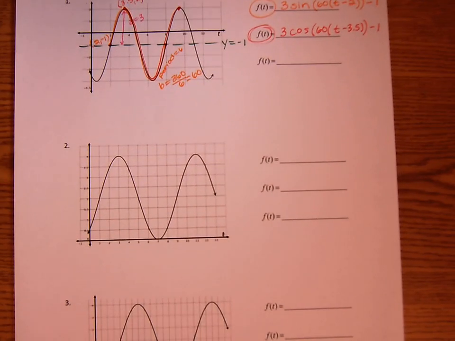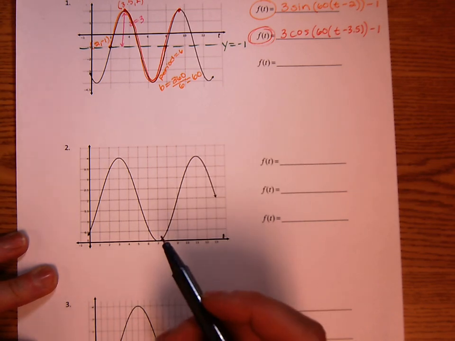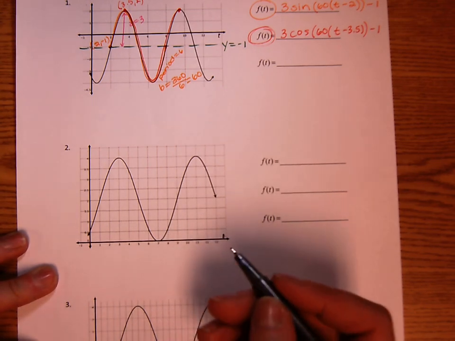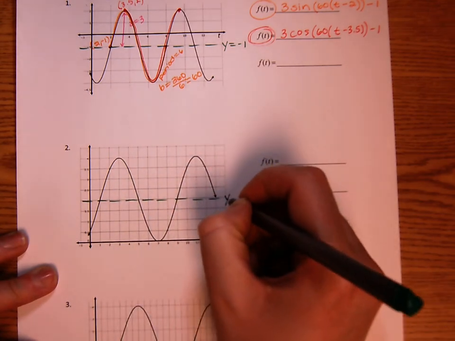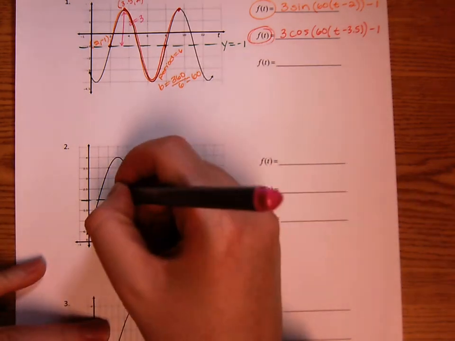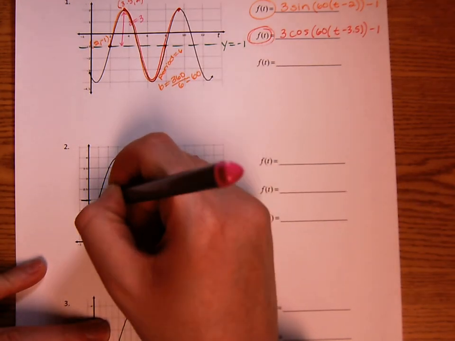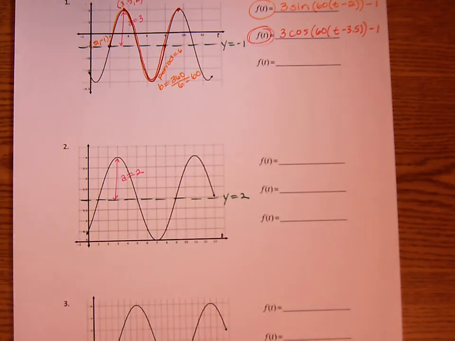To do the third example, the next example, let's start by identifying our center line, which in this case, our maximum happens at 4 and our minimum happens at 0, so our center line would be at y equals 2. Our a value, the distance from the center line up to a maximum or minimum, 2 all the way up to 4, is an a value of 2.